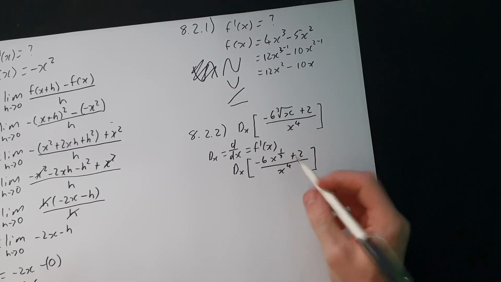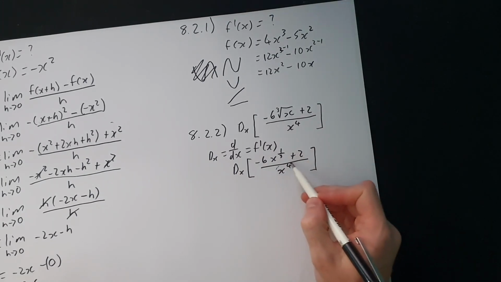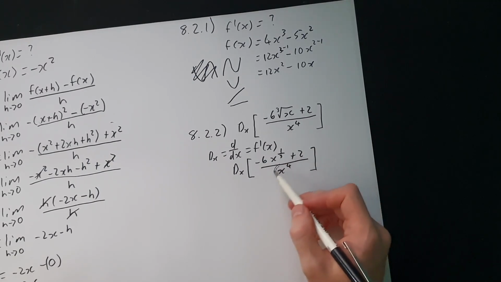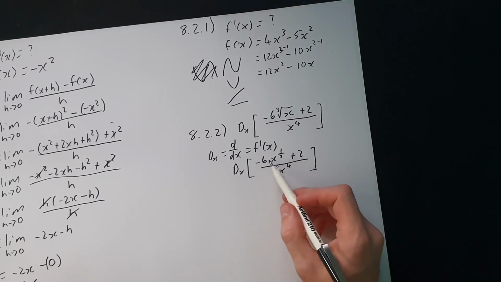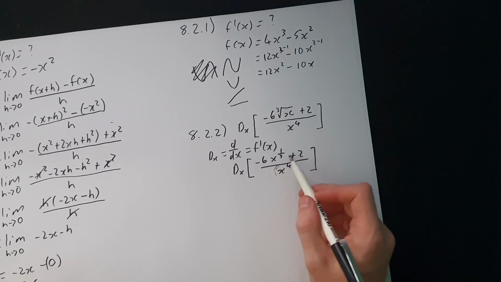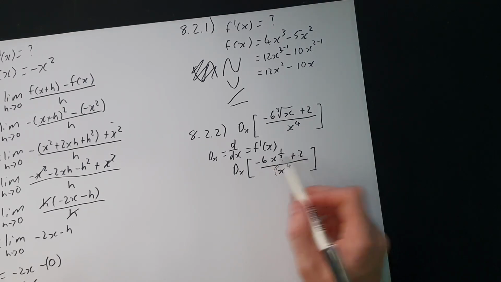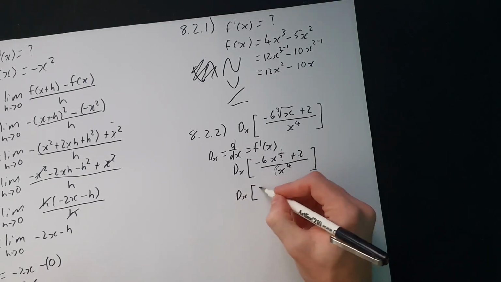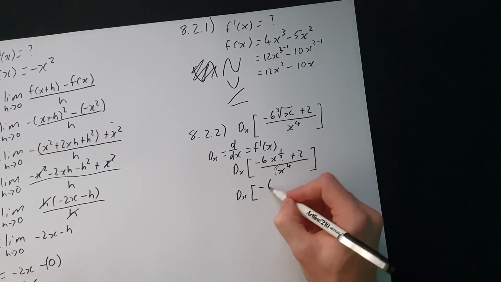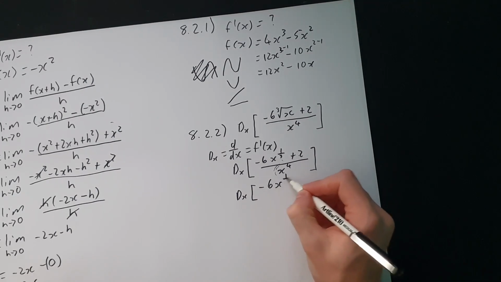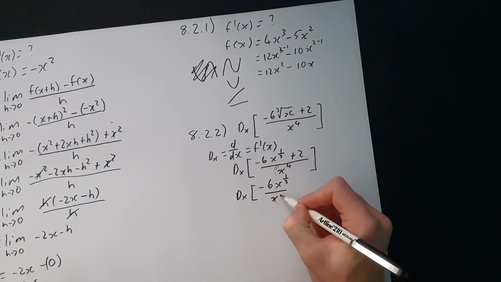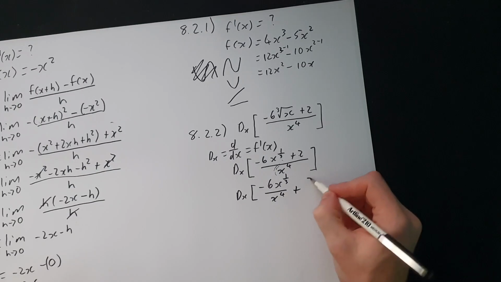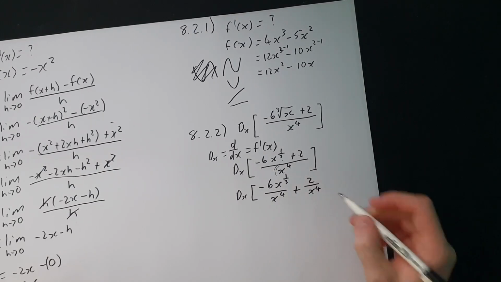Because there's a single variable at the bottom, and there are two expressions at the top separated by a plus, I'm going to split this into two fractions. So d_x is minus 6 x to the 1 over 3 all over x to the 4, plus 2 over x to the 4.